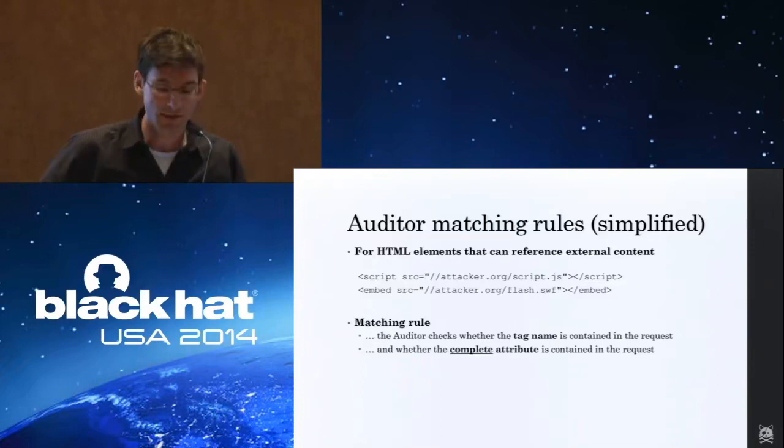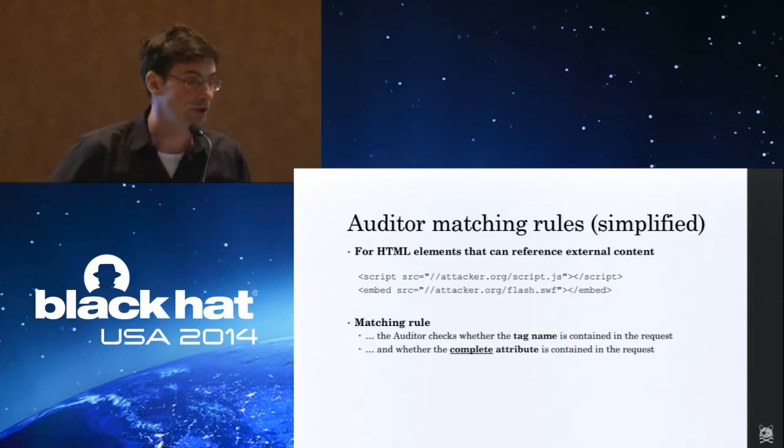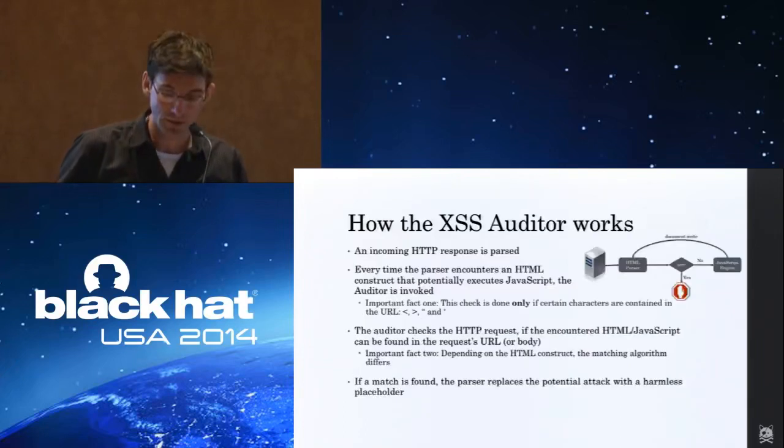In this case, the matching rule is that both the tag name, in this case script or object, has to be in the URL, and also the full attribute with attribute name and attribute value. So this is the most strict matching rule because of, I think, false positives.